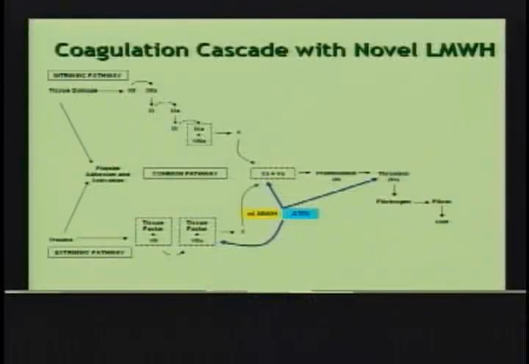So the point being, could you then design a molecule that would not only activate these two common pathways, but eventually regulate the thrombin by blocking the entire cascade?